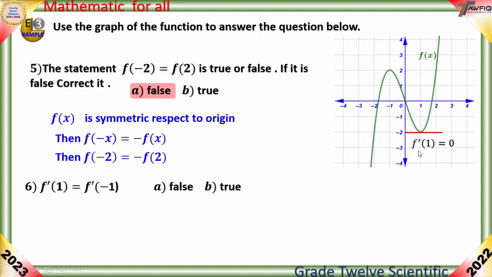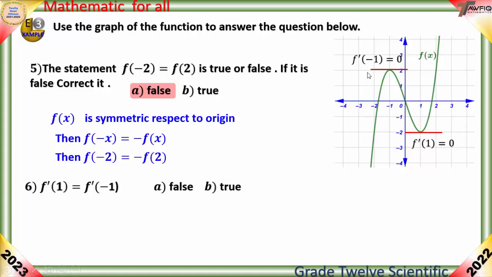Because the slope is 0, f prime at minus 1 is equal to 0. And the same thing at x equal to 1: as you can see, the tangent line is parallel to the x-axis, so f prime is equal to 0. That means the slope is 0.